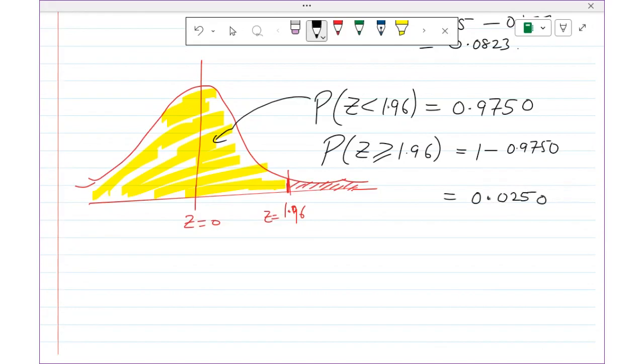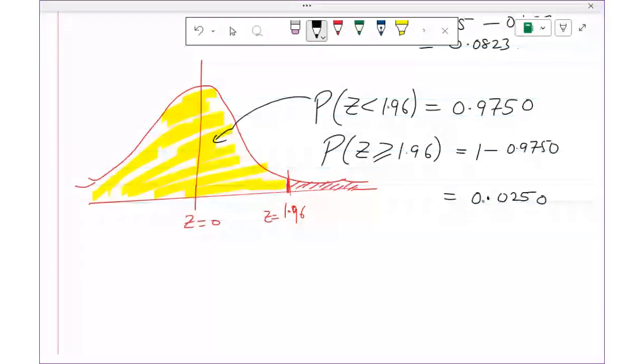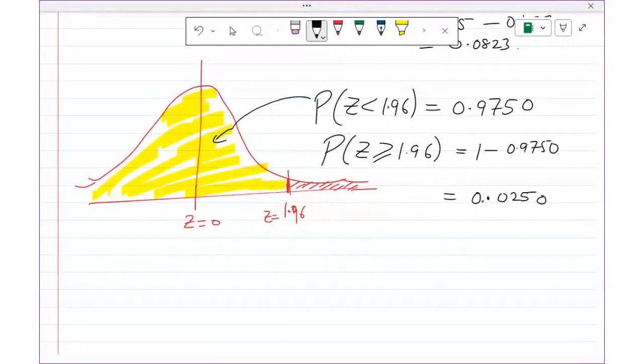I hope I am correct. Yeah, I think I am correct.